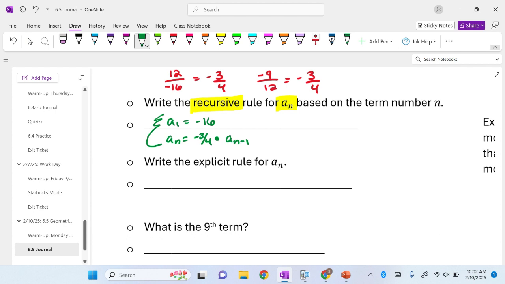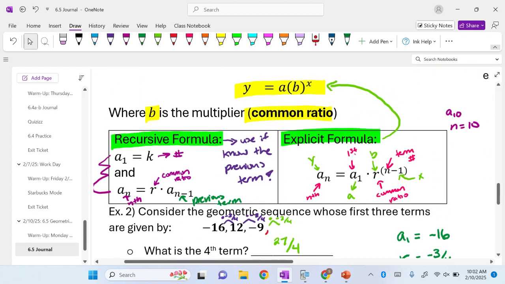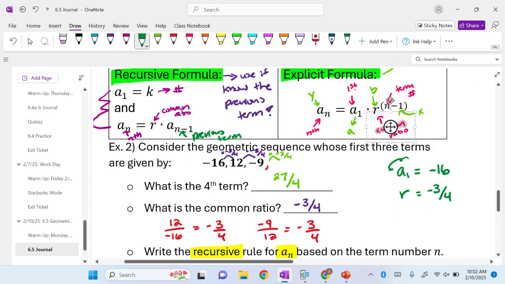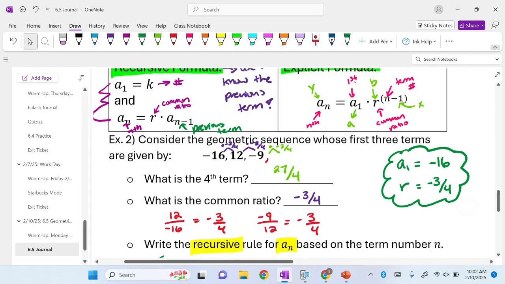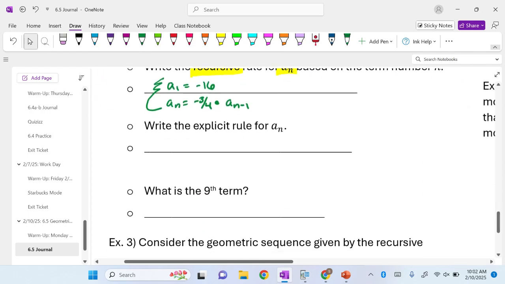Now our explicit. So again, still using the same A of 1 and r values, but now we're plugging them into this formula. And again, all we're doing is replacing the A of 1 and the r. So I would have A of n is equal to what?